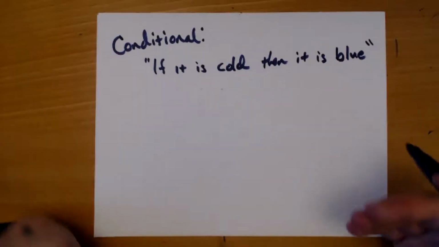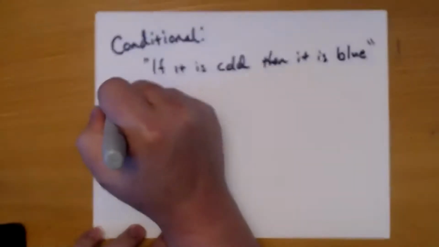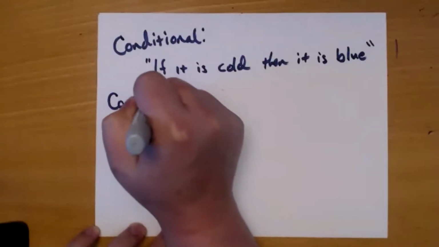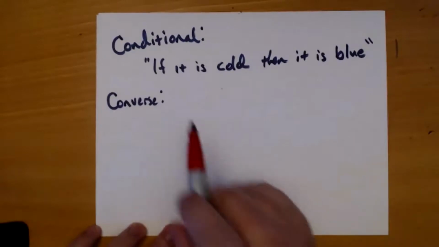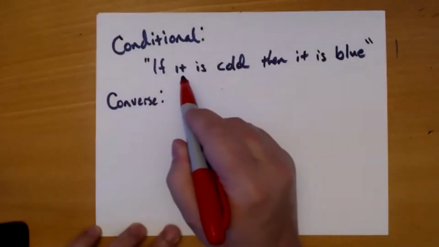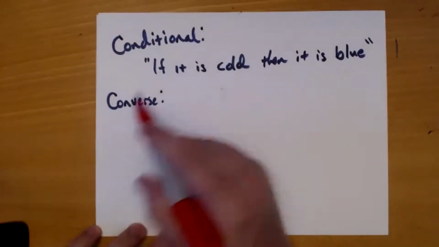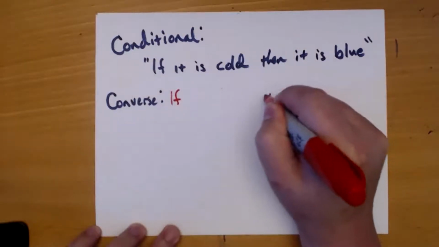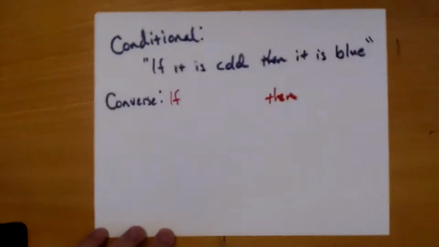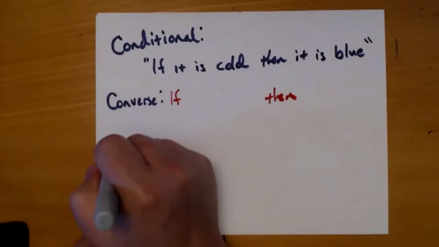And we're going to do this one together, okay? So the converse is when you change the order. So first of all, you're going to have an if and a then. Okay, and that's going to be true for everybody.